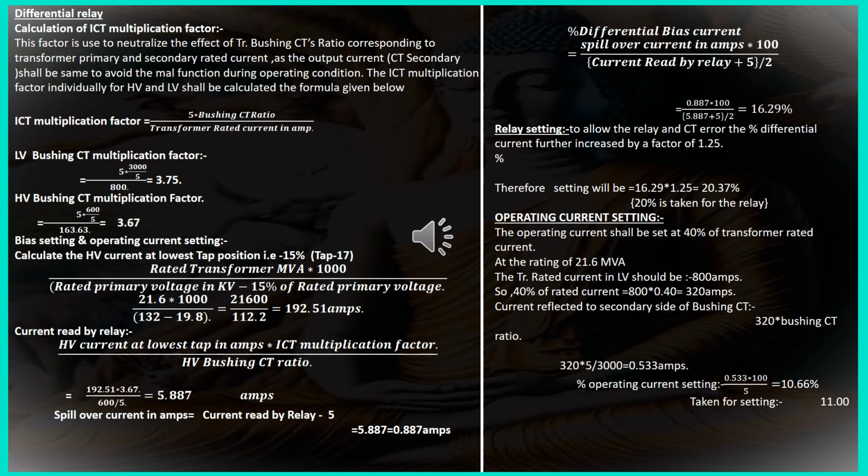And in HV bushing CT also the current is 163.63 ampere, so it is 3.67. 600 by 163.63.